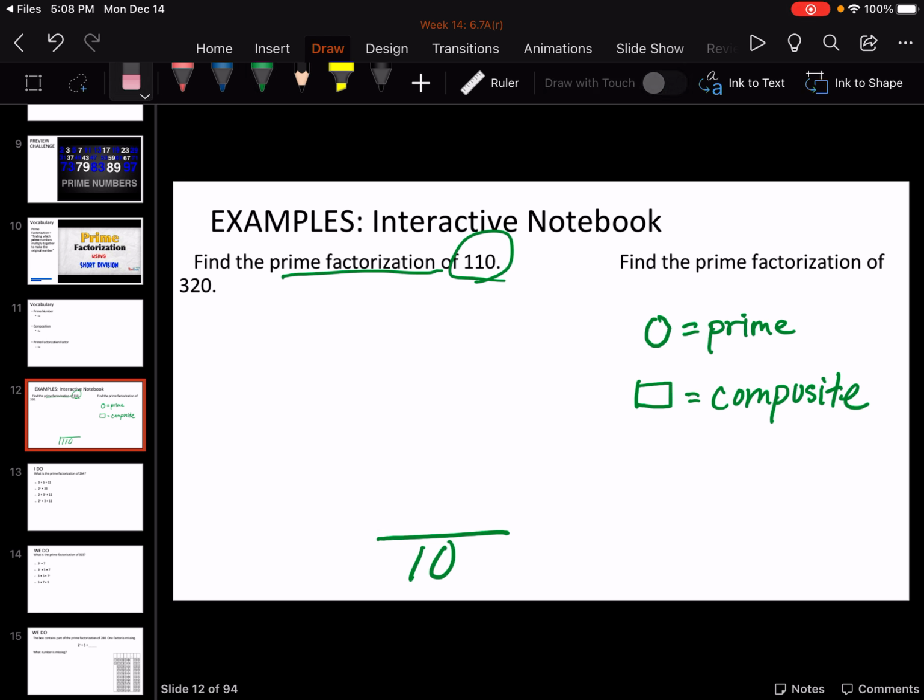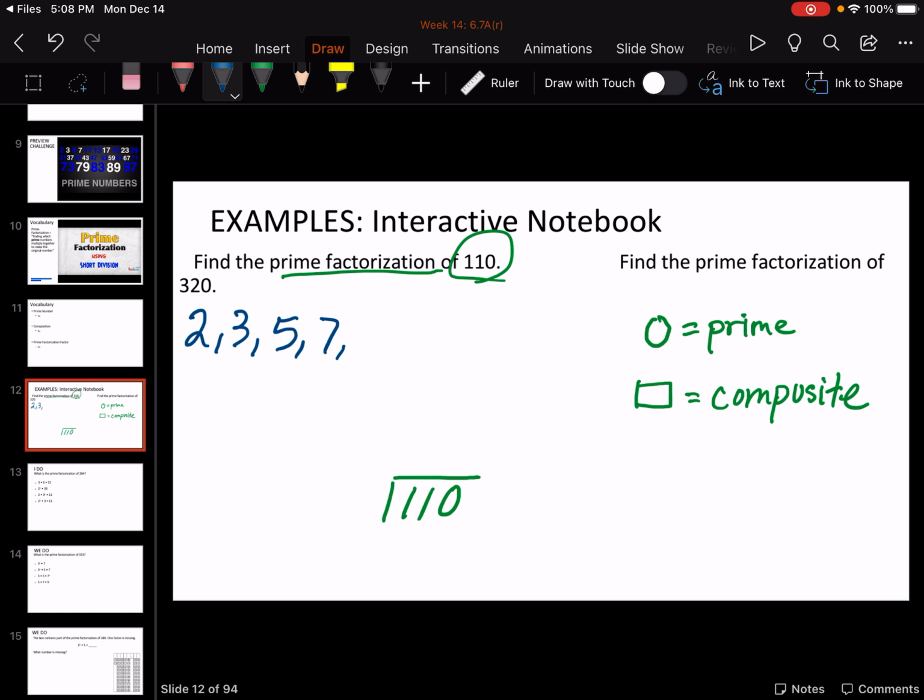Actually, I'm going to rewrite this because we might need some space at the bottom. We have 110. Now, before we start our cake method, we need to first always write what? Our first 8 prime numbers. We have 2, 3, 5, 7, 11, 13, 17, and 19.